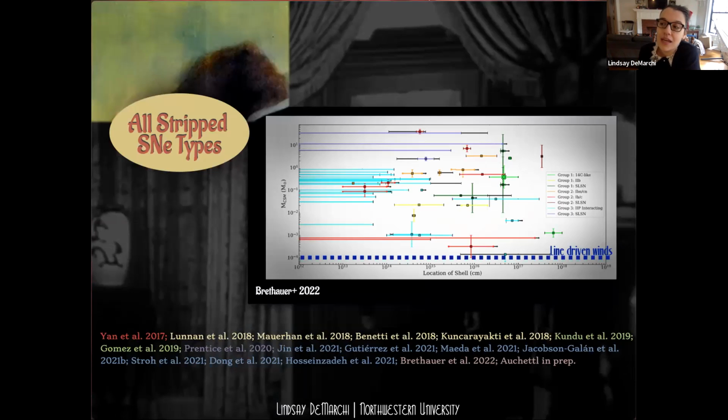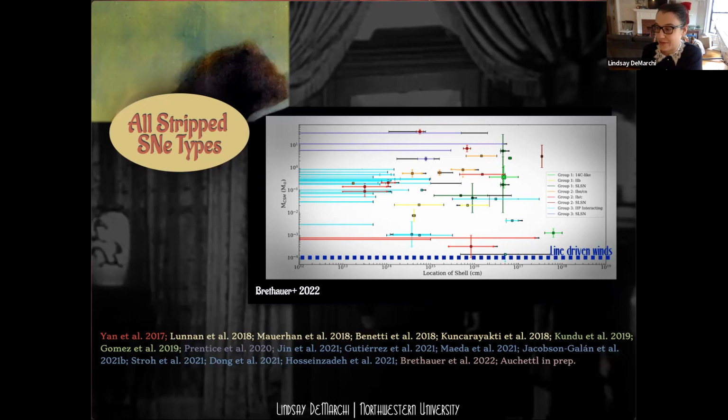But like I said, I'm not the first person to bring this up or to have observed this. This is a plot that I stole from Daniel Breithauer 2022, and along the bottom are a whole bunch of citations from the last 5 years of people who have discussed strange amounts of material in the CSM of these supernovae.